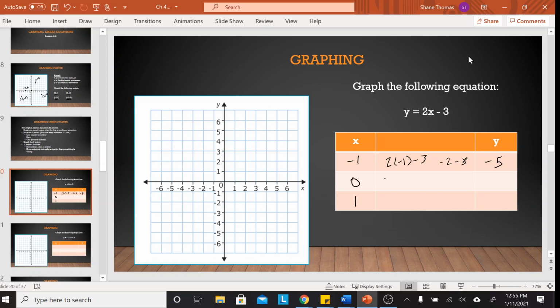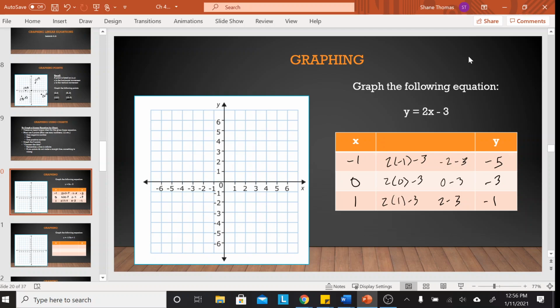Next one, 2 times 0 minus 3. 2 times 0 is 0, and 0 minus 3 is -3. And then the last one, 2 times 1 minus 3. 2 times 1 is 2, and 2 minus 3 is -1. So what I actually created for myself was an x and a y.